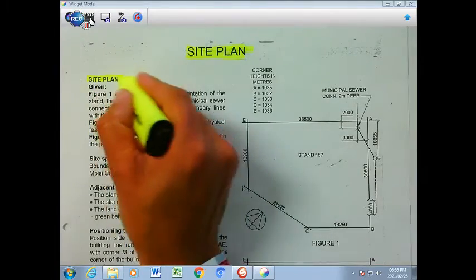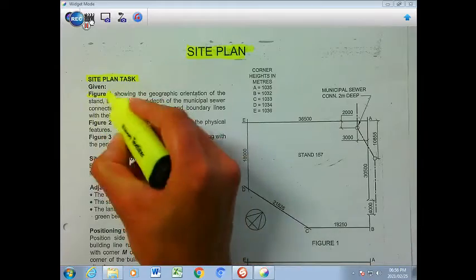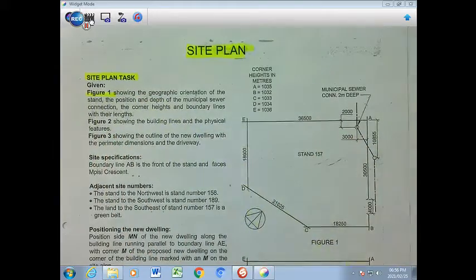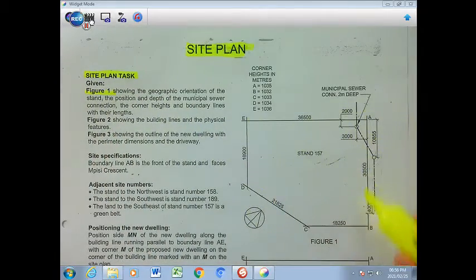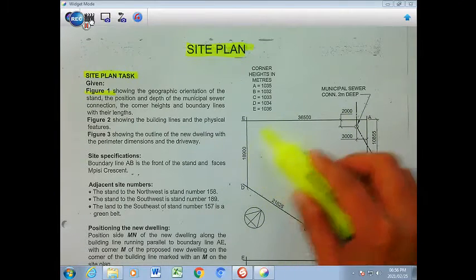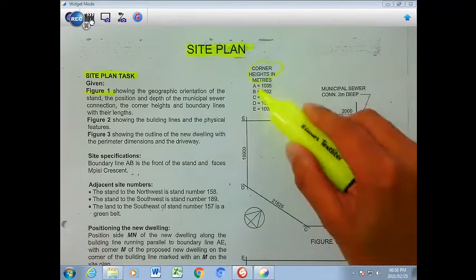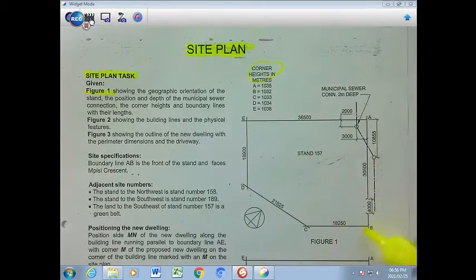So the site plan task, there's a few things given. Figure 1 refers to this diagram here of the boundary outline, A, B, C, D, E. They also give you the corner heights at each particular corner.